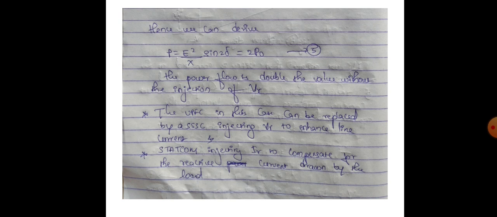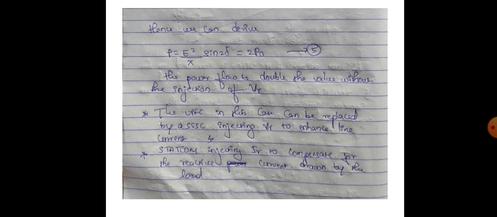The power flow is double the value without the injection of VR. Therefore, the UPFC in this case can be replaced by TCSC injecting VR to enhance line current, and STATCOM injecting IR to compensate for the reactive current drawn by the load.